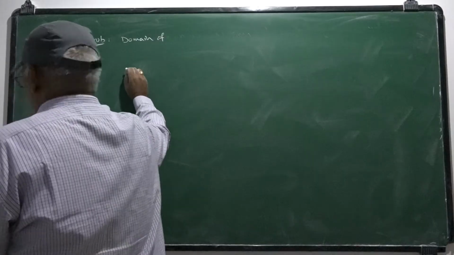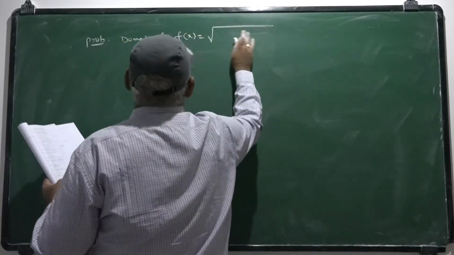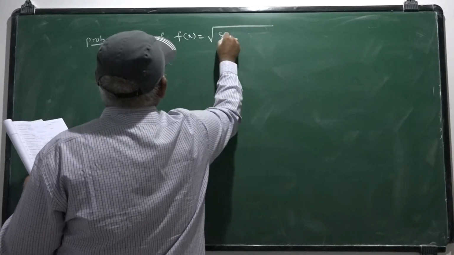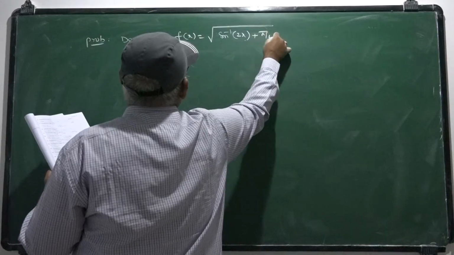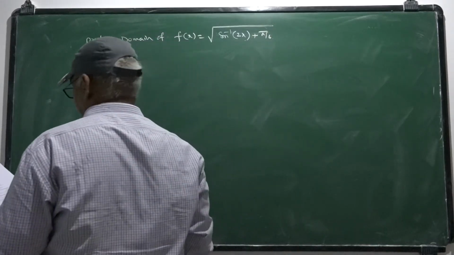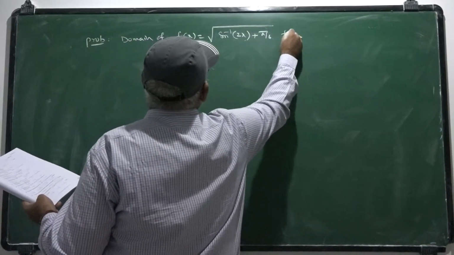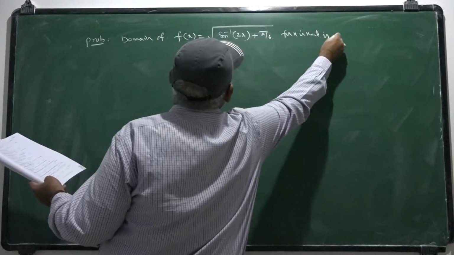Domain of f(x) equal to the square root of sine inverse of 2x plus pi by 6, for x real, is dash.